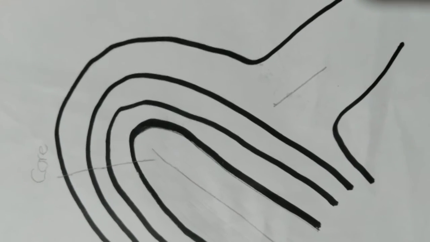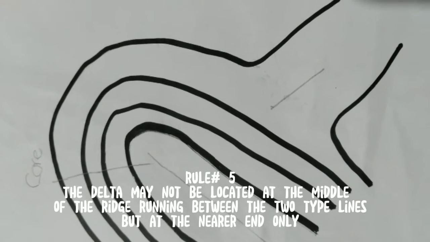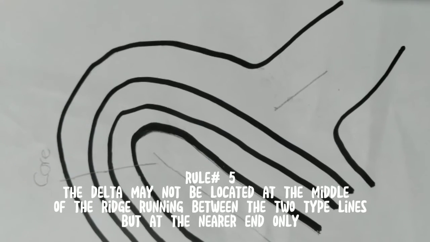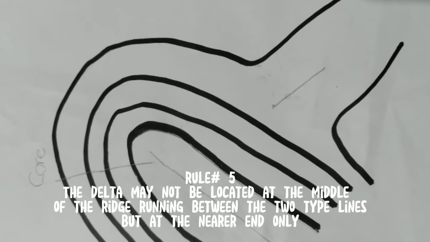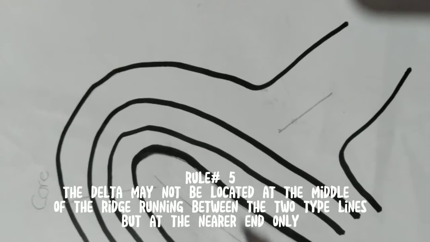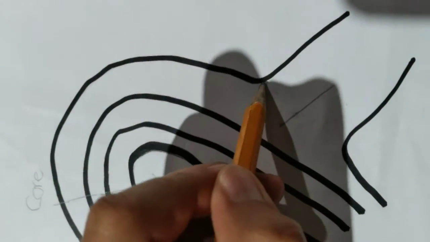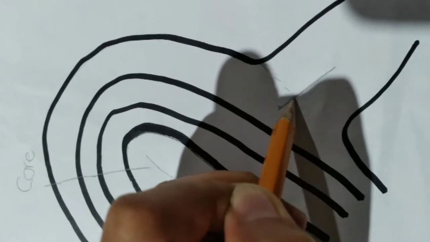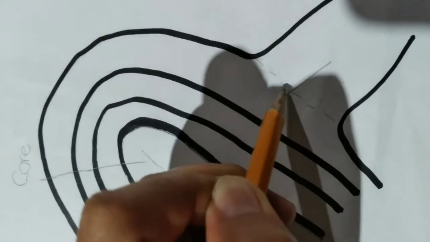So the rule number 5 says the delta may not be located at the middle of the ridge running between the two type lines, but at the nearer end only. So we have here the point of divergence.